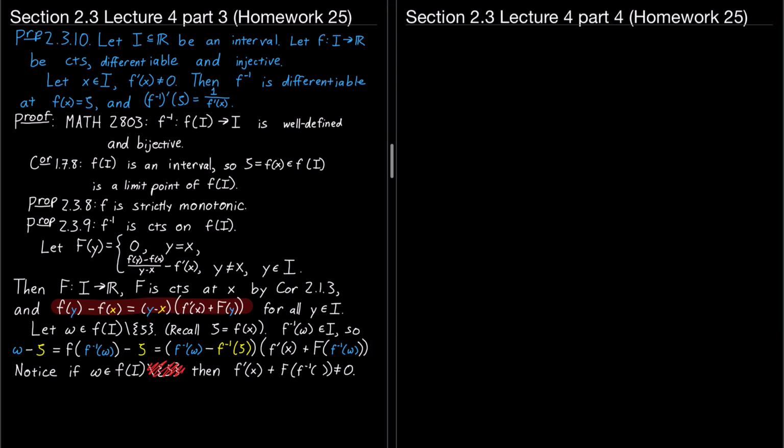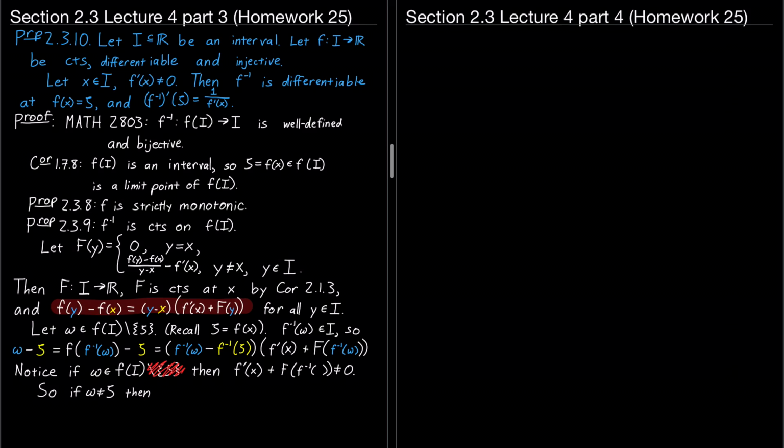This is true for any omega in f of I, because if omega is equal to zeta, then f inverse of zeta is x, and then big F of x is zero, and little f prime of x is not zero. So this is not zero even if omega is equal to zeta. However, we are going to need to assume that omega is not equal to zeta for this next step.